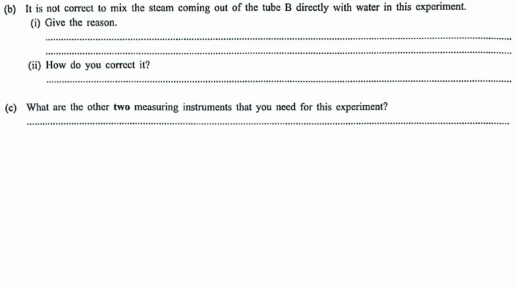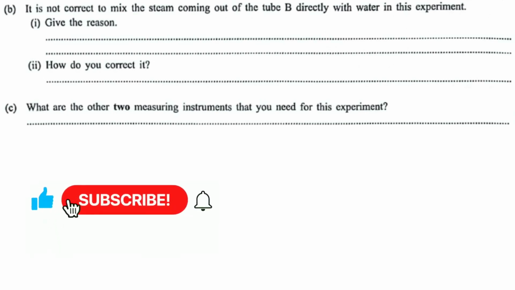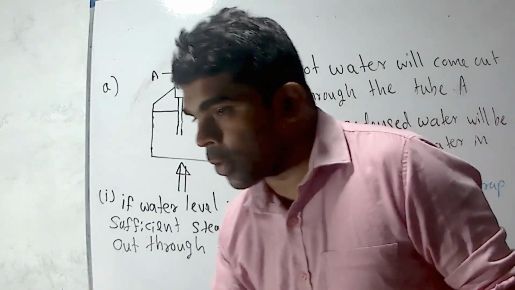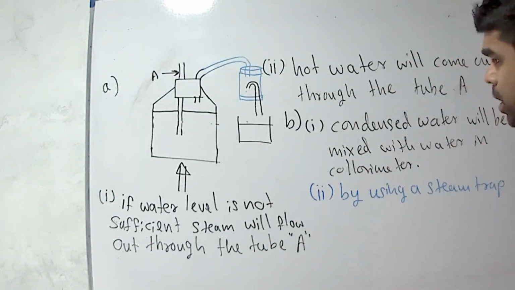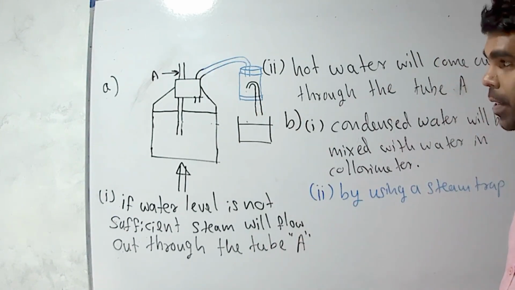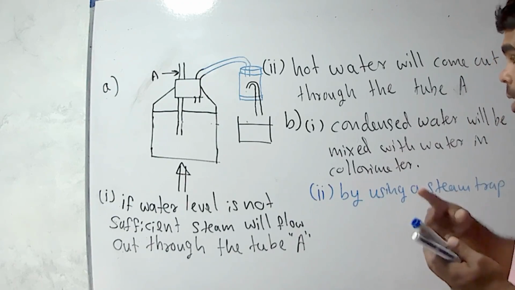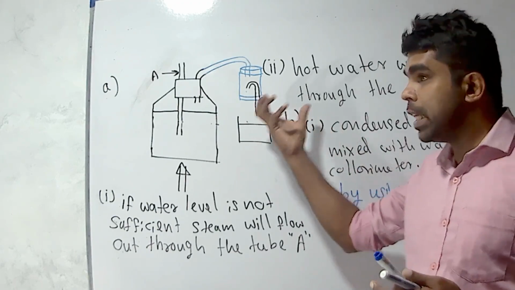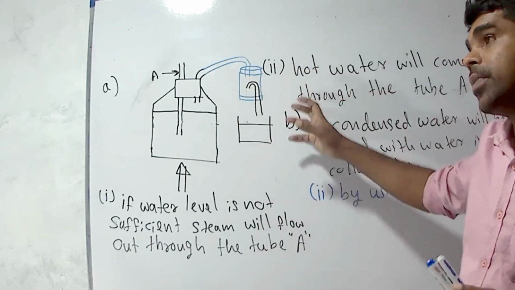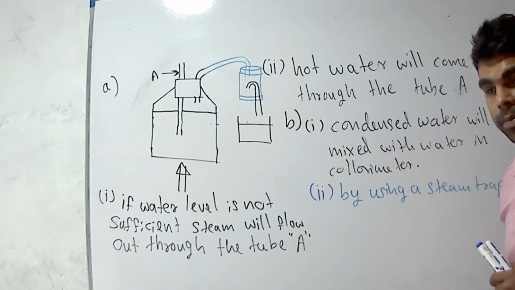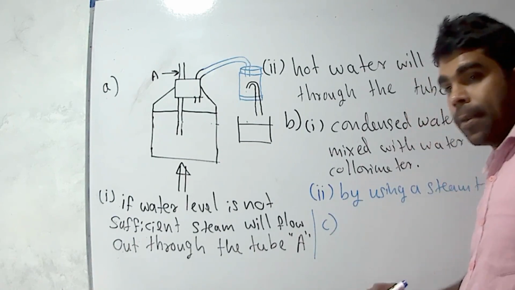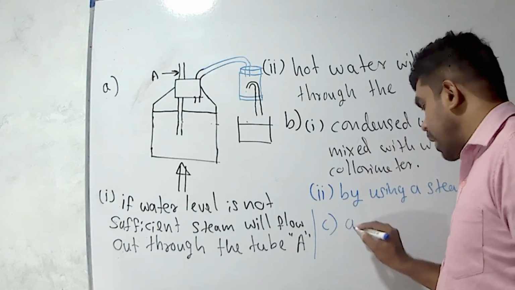Then part C: what are the other two measuring instruments that you need for this experiment? We have to use a balance to measure the masses: mass of the empty calorimeter, mass of the calorimeter with the initial water, and mass of the system after mixing vapor. Therefore, we have to use a balance. We can write an electronic balance.